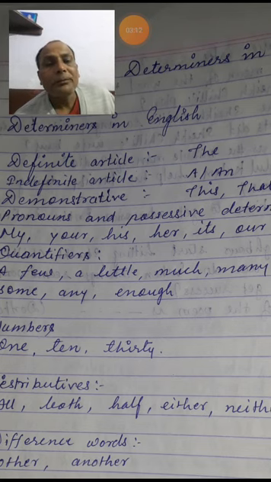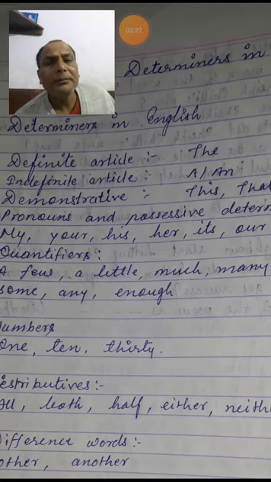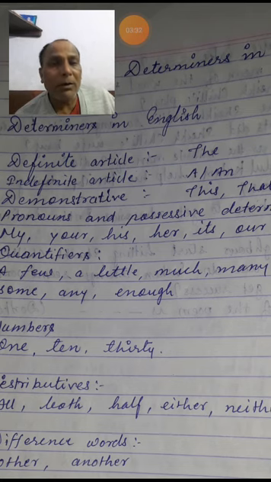Sometimes a word has vowel letters and sometimes consonant letters, but sometimes a consonant letter gives the sound of a vowel, and when the vowel dominates over the consonant letter, we use an, as exemplified here: honest.